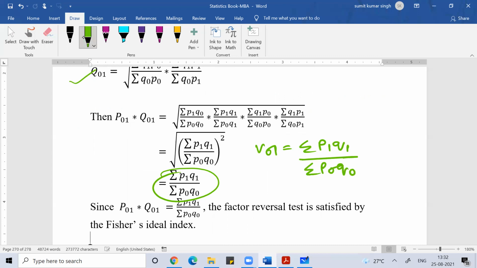This is the value index number. So the only method which can satisfy both time reversal and factor reversal is the Fisher ideal index method.